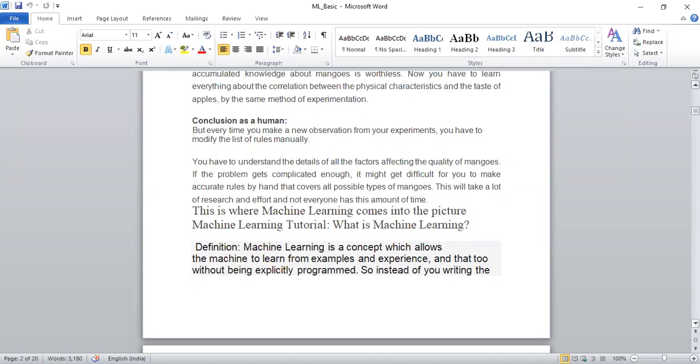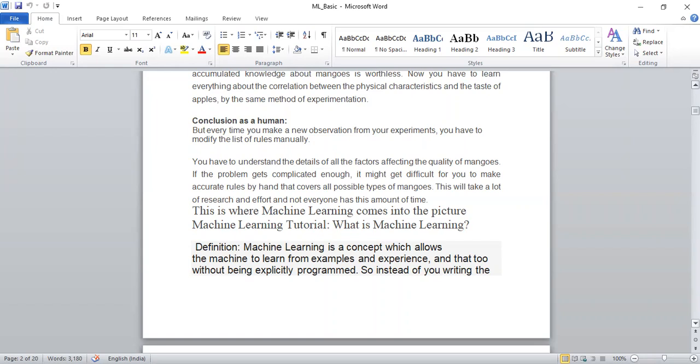Then come your size, then ripeness, everything. A lot of attributes get added, and their percentages obviously vary from each other. Okay, so making accurate rules is very tough if you do that by hand. So here you have to use machine learning.